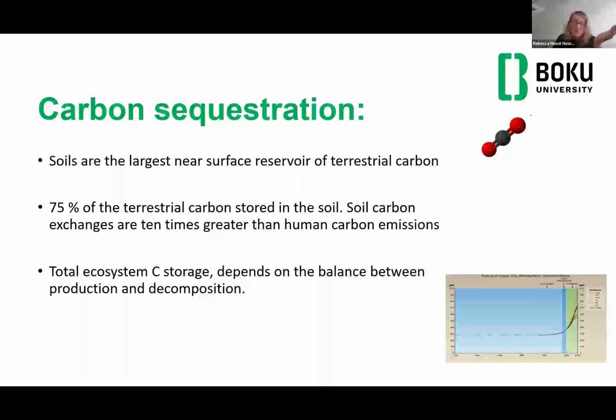And the trouble with decomposition is that we want decomposition in some ways, because when plant material decomposes, that releases nutrients and is really good for the plants. But we also want a storage of carbon. We want to store that carbon in soil so that we can offset the global release of anthropogenic carbon dioxide.